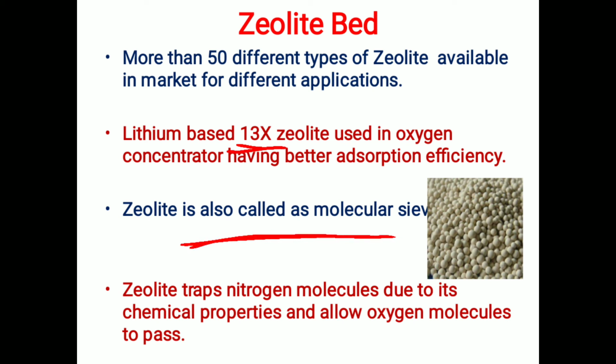This zeolite bed 13x traps nitrogen molecules due to its chemical properties and allows only oxygen molecules to pass through. It has the property of only absorbing nitrogen molecules. So this is how our oxygen concentrator is working, and this is the function of this zeolite bed.